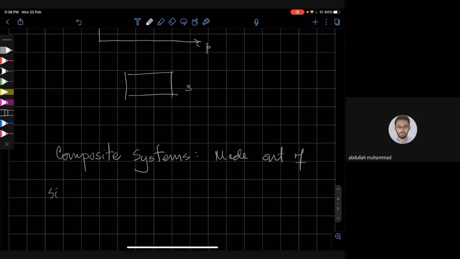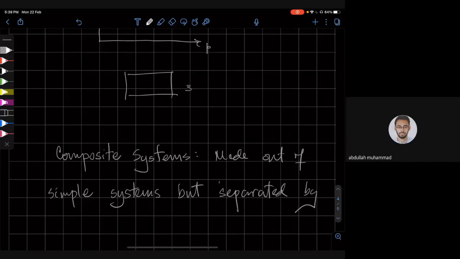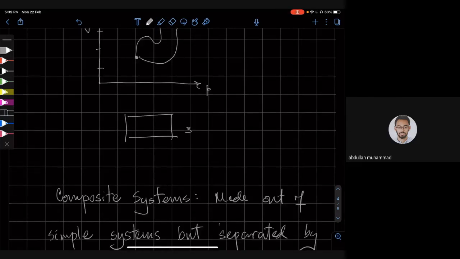I will give you the lecture notes so you don't have to actually take notes. What does it mean? For most of the simple systems we will be dealing with, they will be fluids.